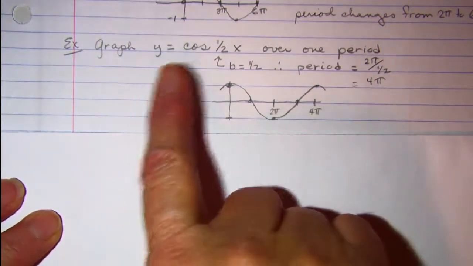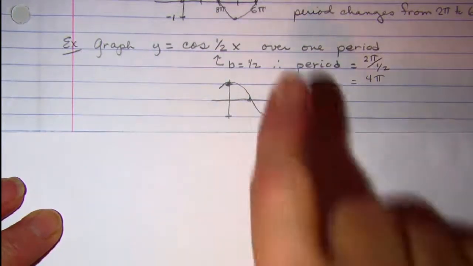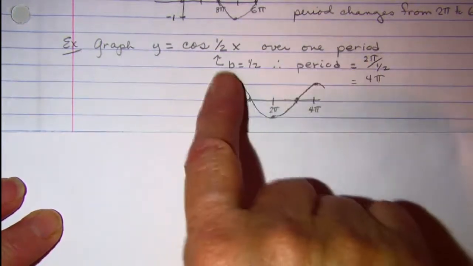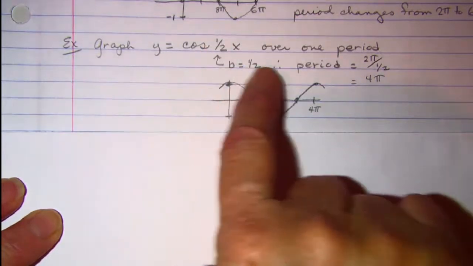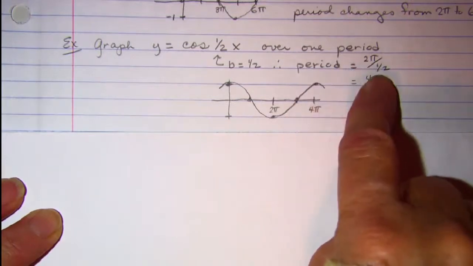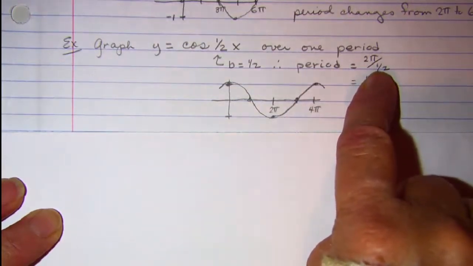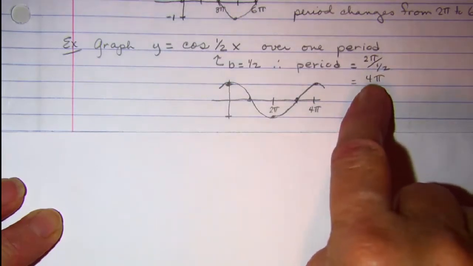On this example, we're asked to graph y equals cosine 1/2 x over 1 period. We can see that b is 1/2, and using our formula for period, we get period equals 2 pi over 1/2. Multiplying top and bottom of this fraction by 2 gives me a period of 4 pi.